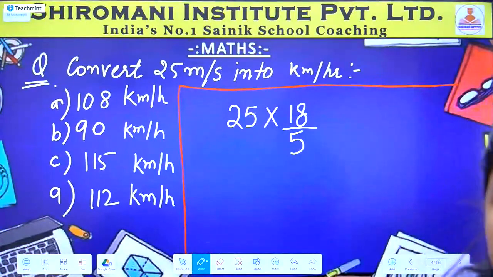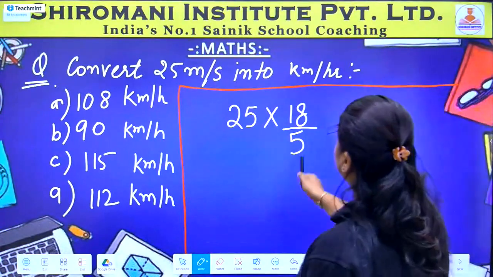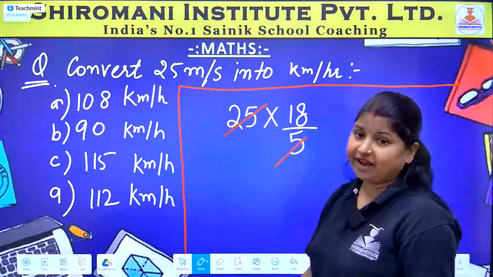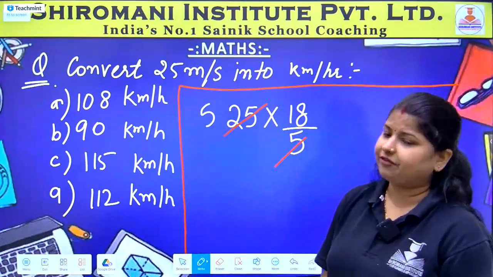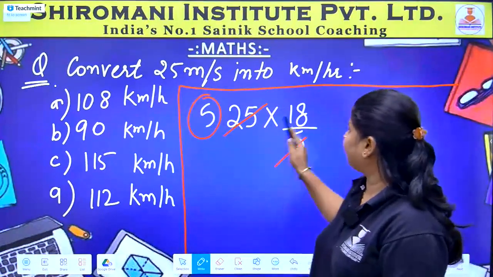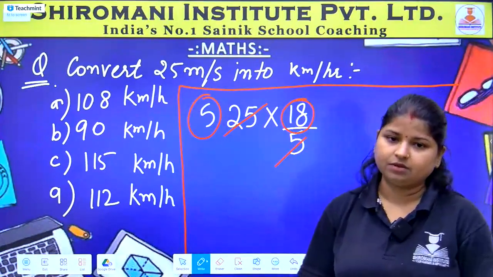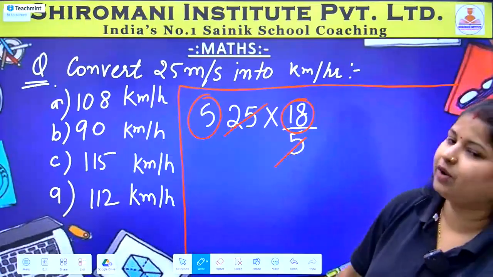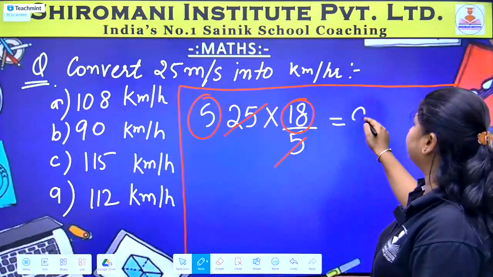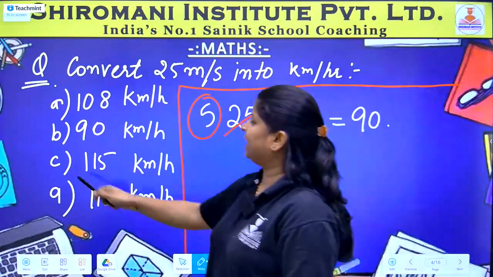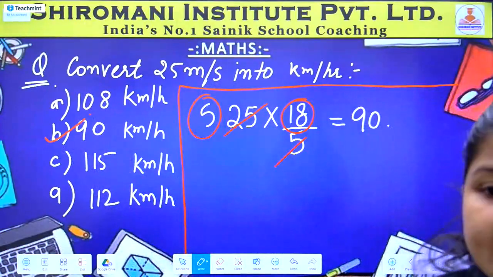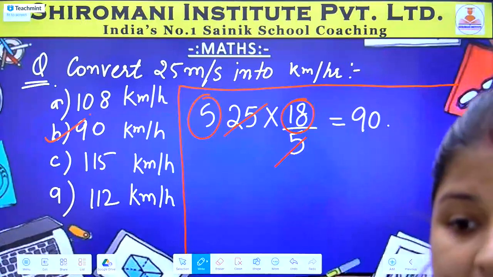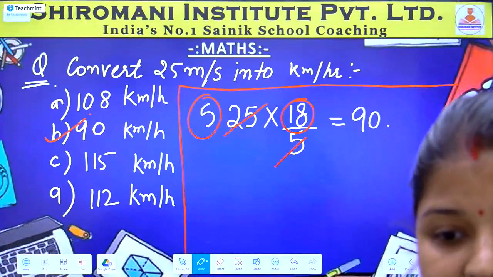Now this 25 can be simplified by 5. 5 1 is 5 and 5 into 5 is 25. I'm left with 5 and 18, right? So 5 into 18 is how much? 5 into 18 is 90. So 90 kilometer per hour is your answer. Did nothing, just multiplied it by 18 upon 5.